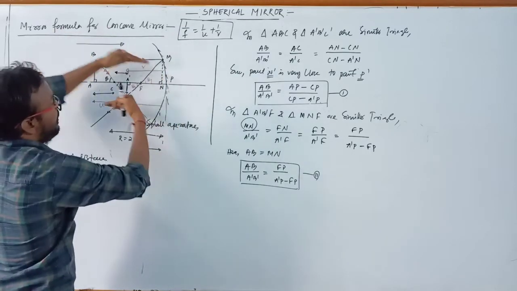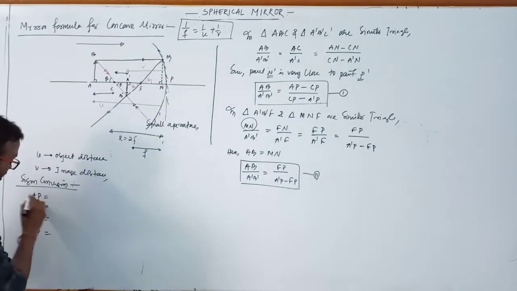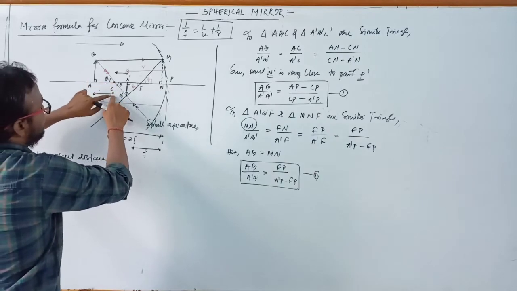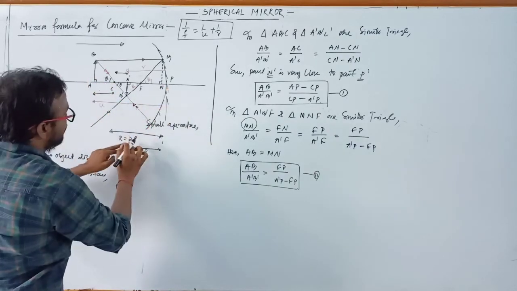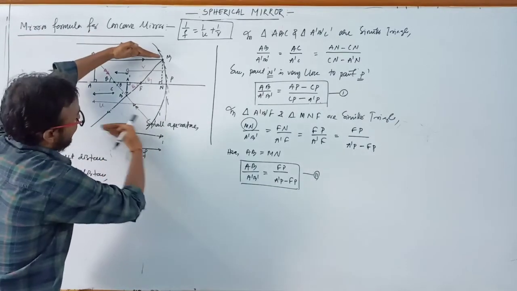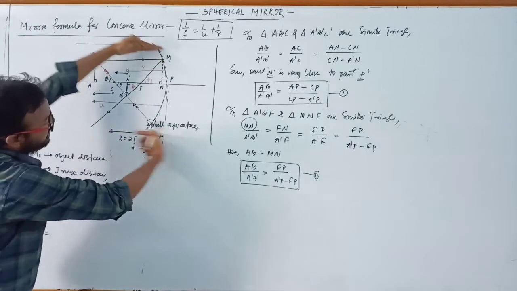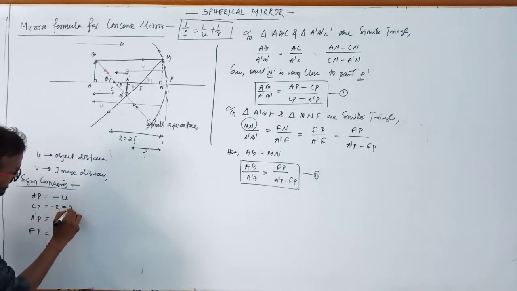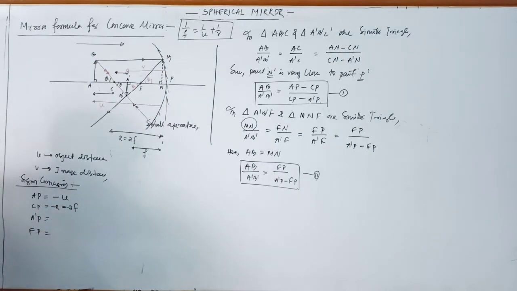Here AP is equal to minus u, a negative sign. Again, CP is R, equal to 2F, but this is the direction of the incident ray and we measure this distance opposite to incident, so it is minus R, which is equal to minus 2F.